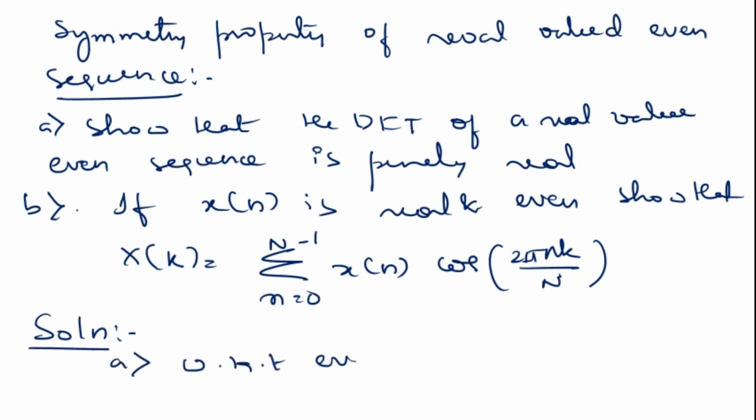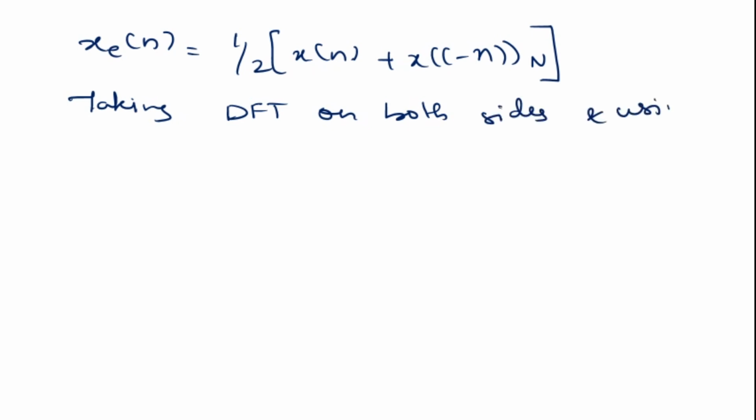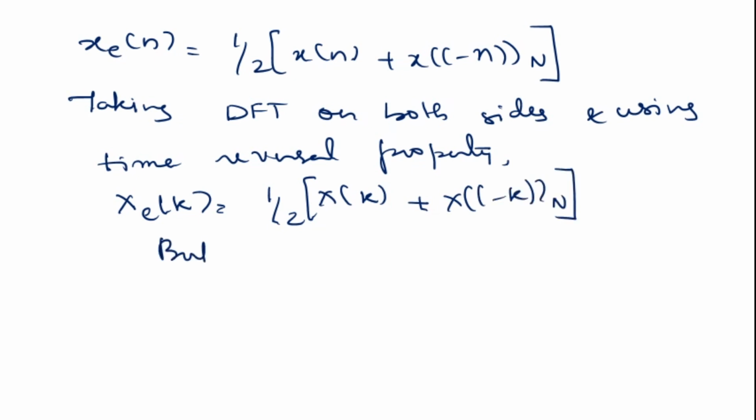We know that the even part of a sequence x of n is given by x e of n is equal to half into x of n plus x of minus n of N. Now taking DFT on both sides and using the time reversal property, we get X e of k is equal to half into X of k plus X of minus k of N, but X of minus k of N is equal to X star of k.